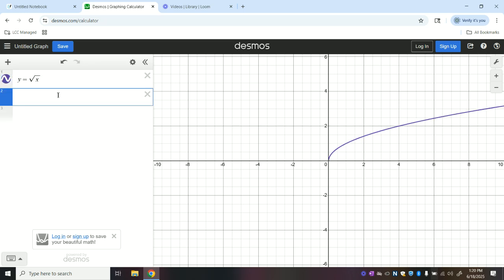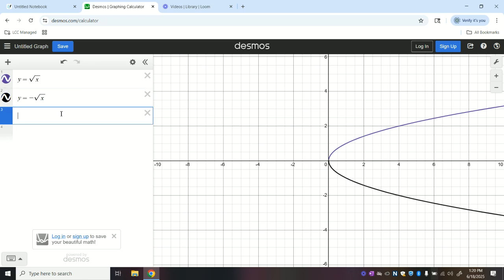Then if I did y equals negative square root of x, you'll see it flips it around the x-axis as promised. And if I did y equals square root of negative x, you see it flips it around the y-axis. Alrighty, so that's how to reflect around either of the axes.